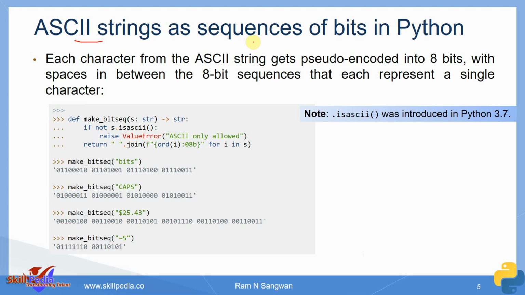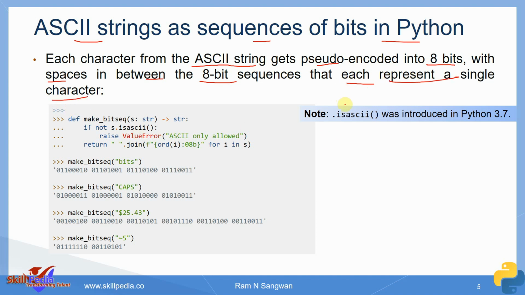ASCII string as a sequence of bits in Python. Each character from the ASCII string gets pseudo-encoded into 8 bits, that is 1 byte, with spaces in between. The 8-bit sequence each represents a single character.